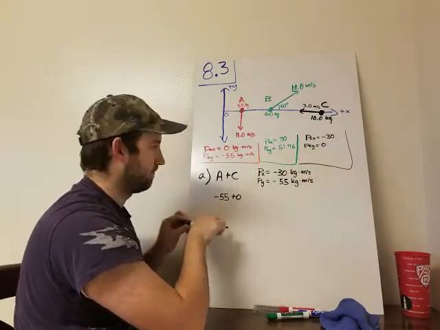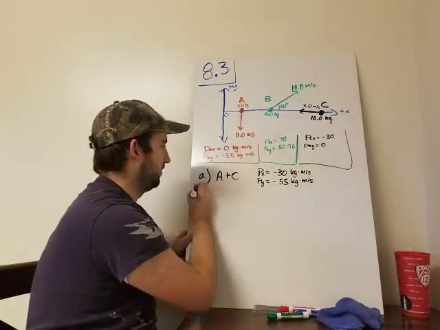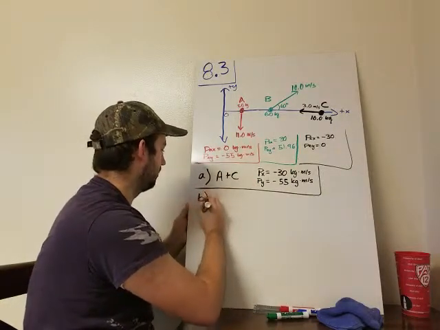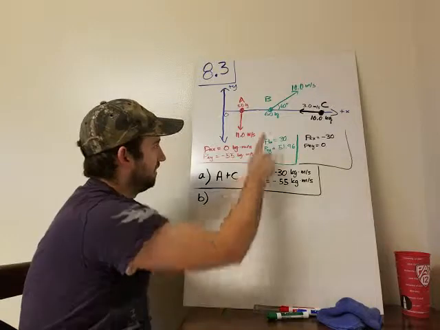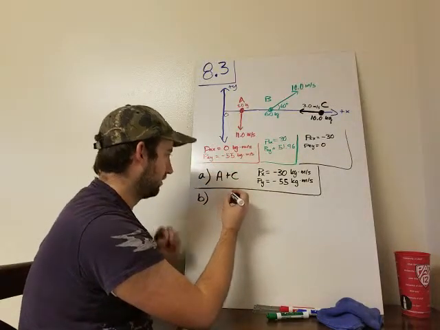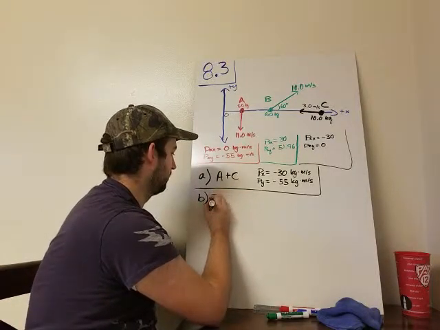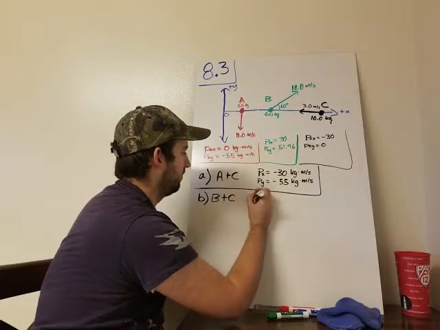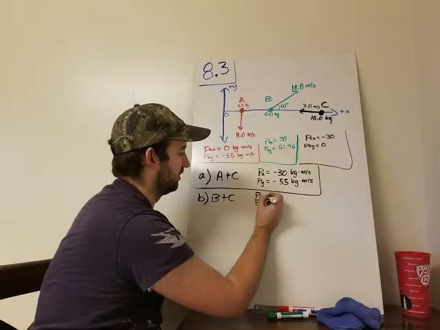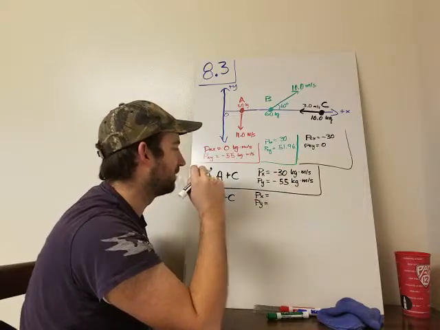So that's it for part A. Like I said, it's pretty easy at this point. We just add stuff together. So now part B wants the net momentum of B and C. We'll do the same thing. We'll just use these same variables because we're done after this part.